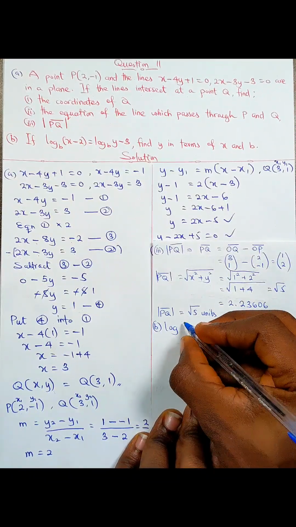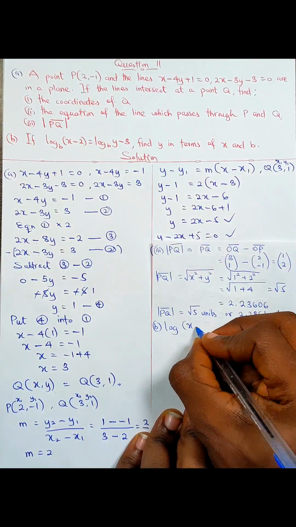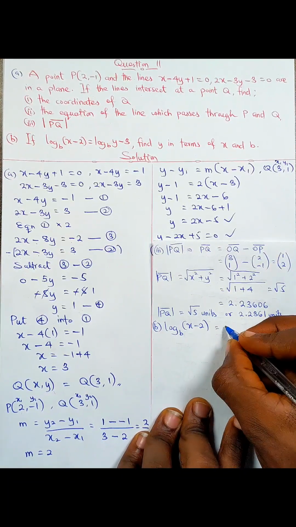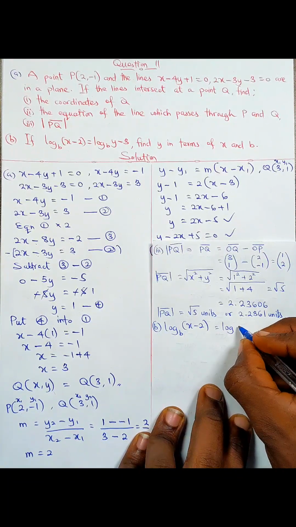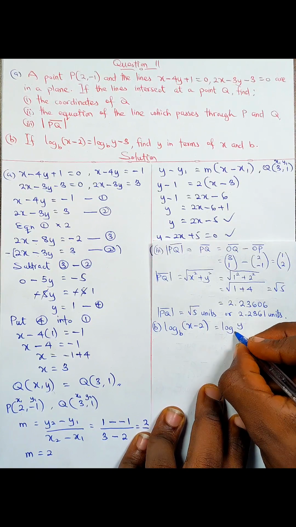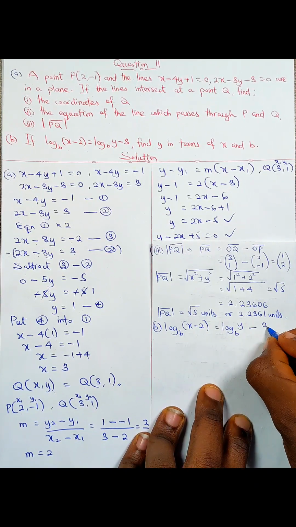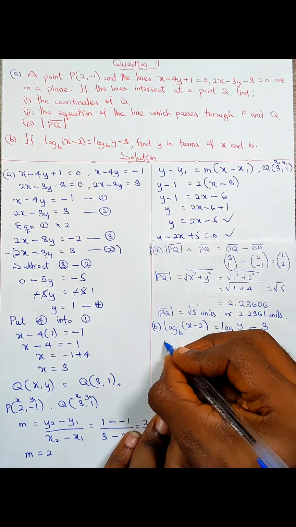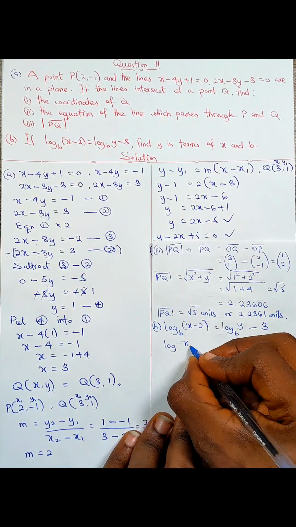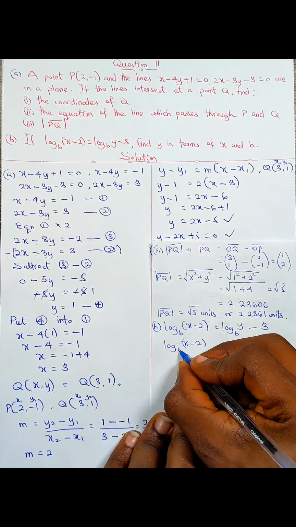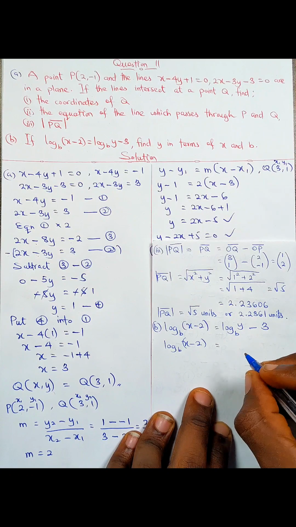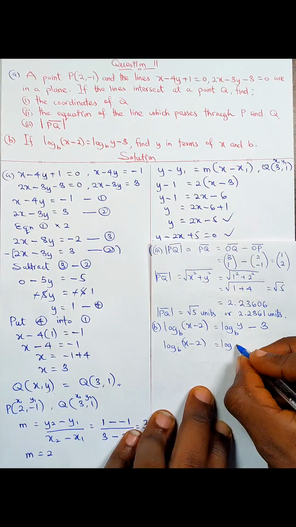So in solving this, let's rewrite the question. We have log of x minus 2 to the base b is equal to log y to the base b minus 3. In solving this, let me express this 3 in the form of log to the base b.